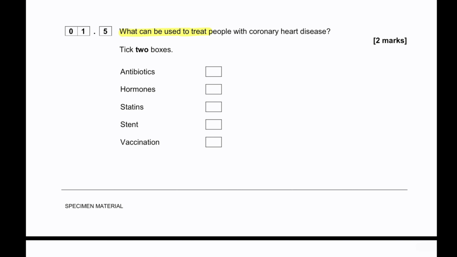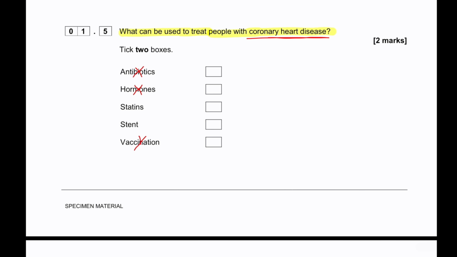What can be used to treat people with coronary heart disease? People with coronary heart disease require some form of medicine that will allow that particular blood vessel to widen up. Antibiotics are a medicine used to fight bacteria. Hormones are used where there is deficiency of hormones.